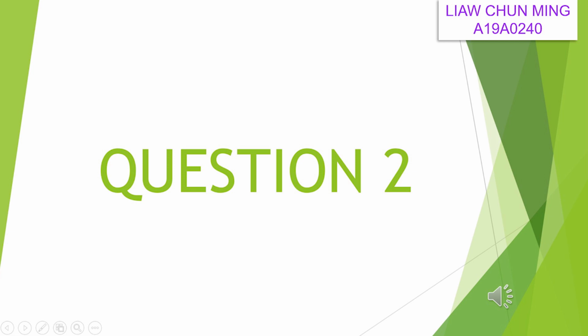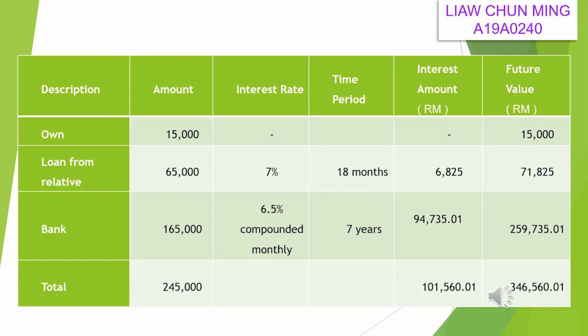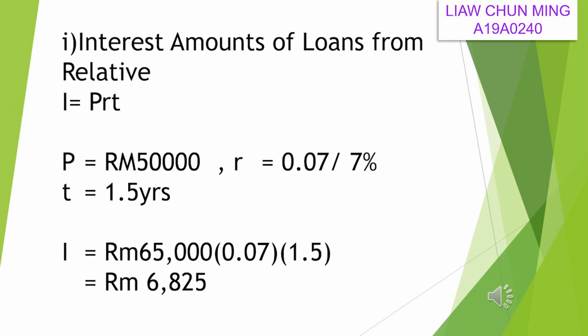Hi, my name is Dominic, and now I would like to discuss the table about the interest amount and the amount after the time given. For the interest amount of the loan from relative, I use 65,000 times 0.07, which is the 7% interest, times 1.5, which is the 18 months.